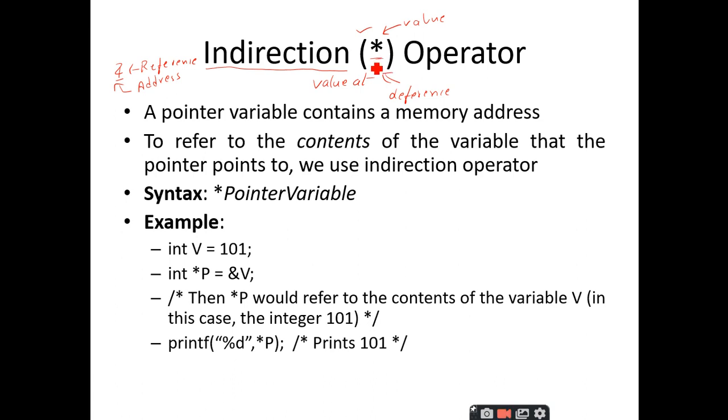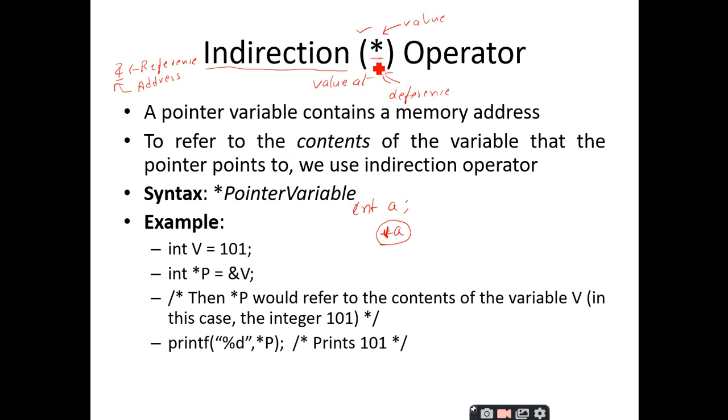You cannot give the indirection operator to normal variables. For example, int a is a normal variable, a variable of type integer. I cannot write star a. The indirection operator is always applied to pointer variables only.